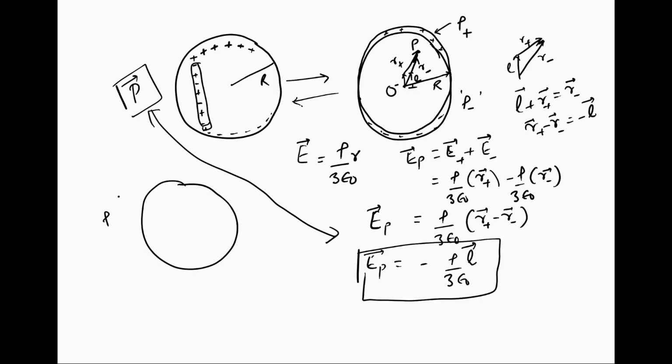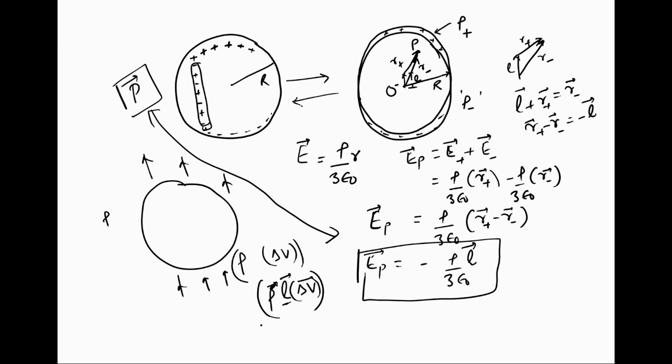Let us take a small volume delta V. The charge in it will be rho delta V. Now if this sphere is put inside a uniform electric field, the charge center may shift a little. Let us say it shifts by a length L. This will be the total dipole moment.